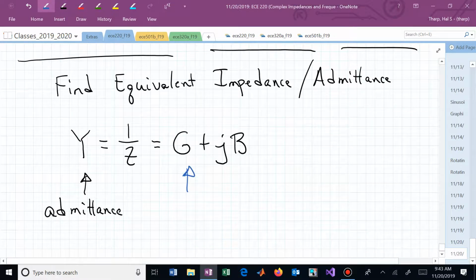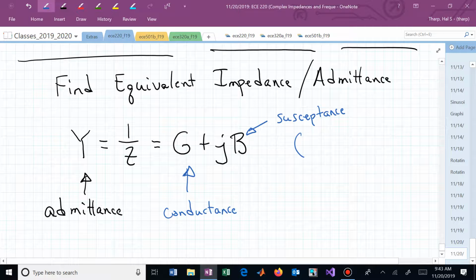This G is called conductance, which is the opposite of resistance. That is okay. B is susceptance. And the units of admittance are Siemens.